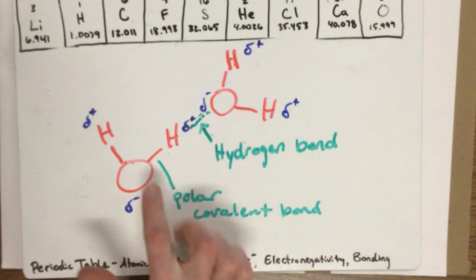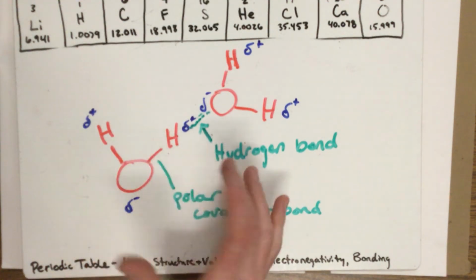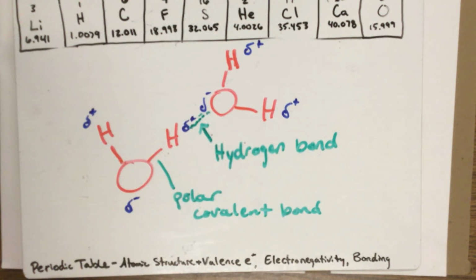So a polar covalent bond can cause a hydrogen bond to form in a different part between two different molecules. So if there's a polar covalent bond in one part of the molecule, that molecule probably is attracted to water, for one thing, because water has polar covalent bonds. Right? So you could have a completely different molecule entirely.